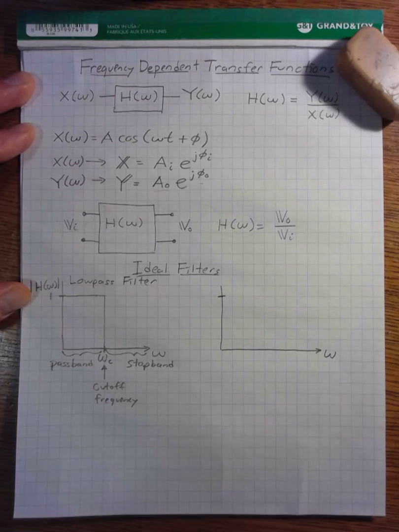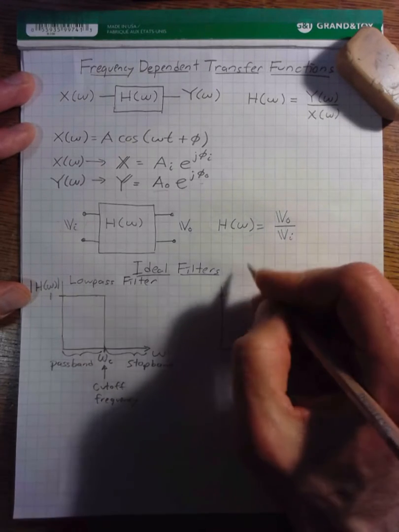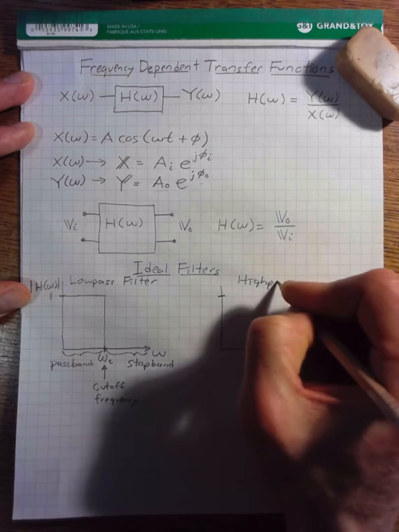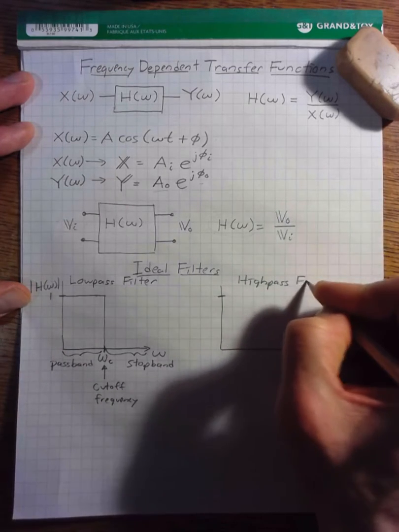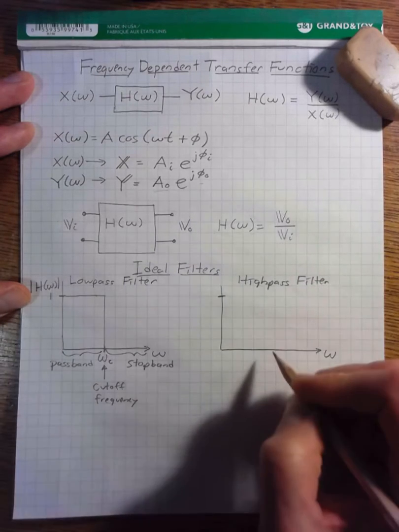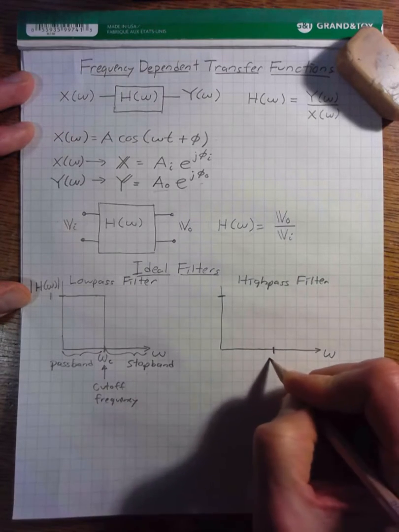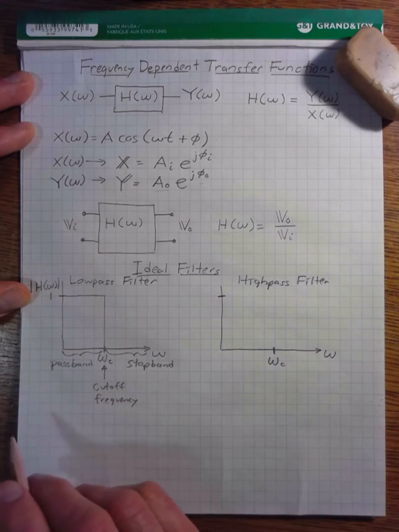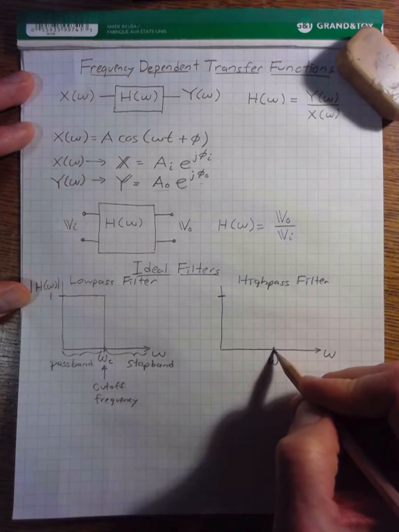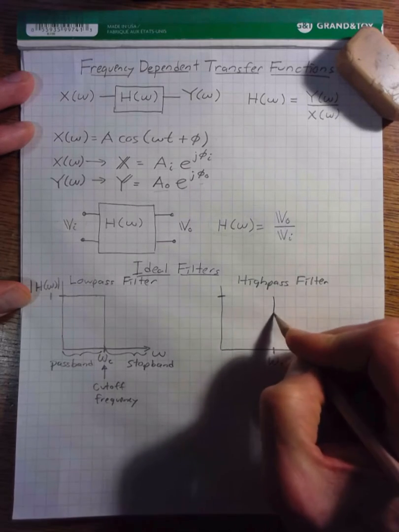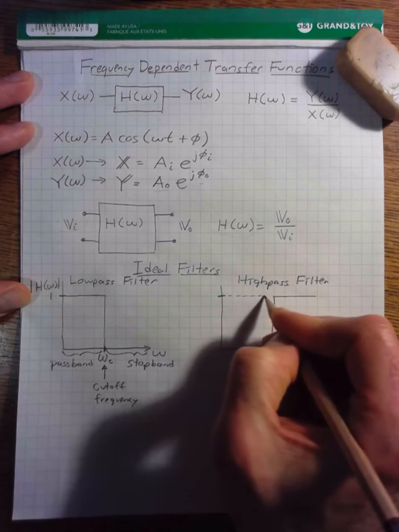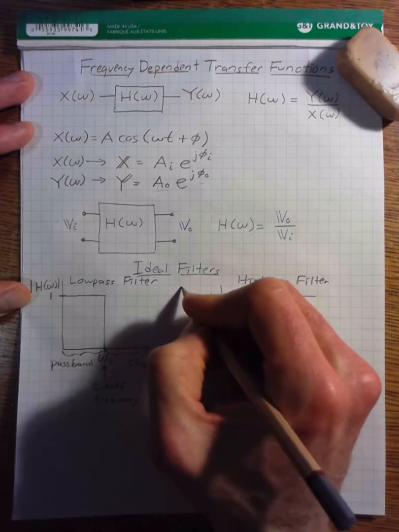As you might expect, there are different variations of these filter circuits. So, for example, we can also have a high-pass filter. It also has a cutoff frequency, omega c, but it has sort of the inverse response of the low-pass filter. So for any signals that have a frequency of omega c or greater, the circuit passes them through unchanged.